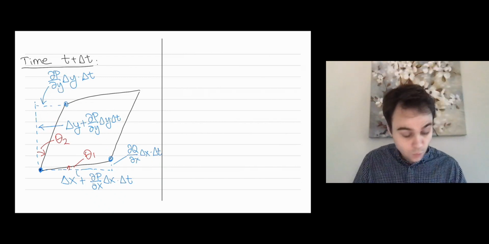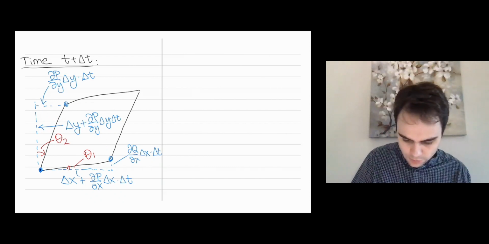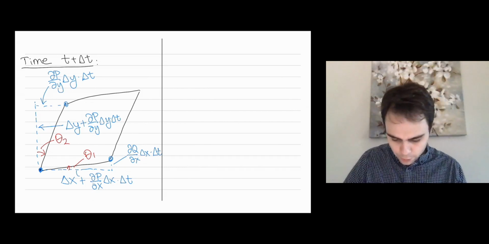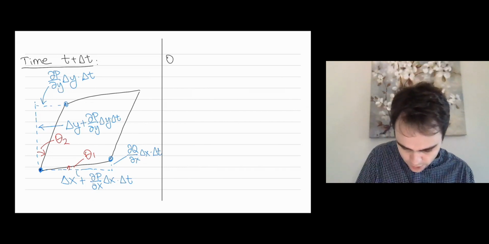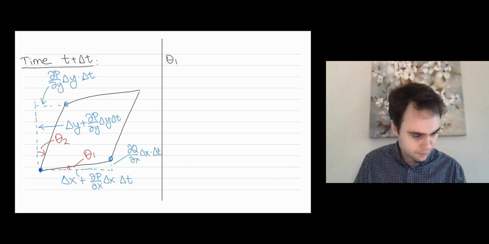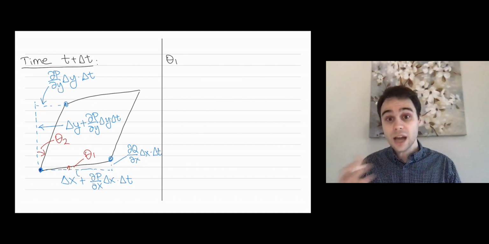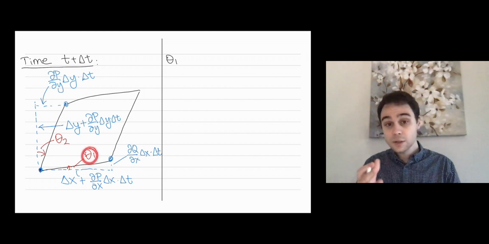Now let's look at what the two angles are in terms of all these partials. So theta 1 is approximately the tangent of theta, since theta is a small angle.